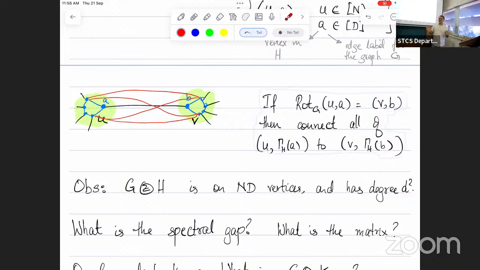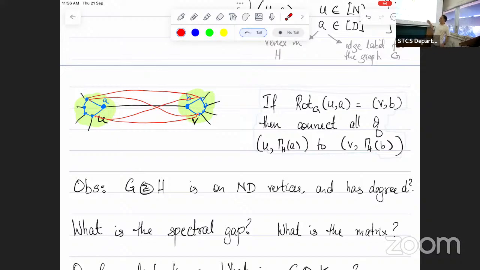Now from the vantage point of the vertex u, there is an H vertex sitting on every edge. If there was a G edge, where there is an a vertex sitting here and a b vertex sitting there, you connect their neighborhoods within those clouds by a complete bipartite graph. So that's what was happening here.